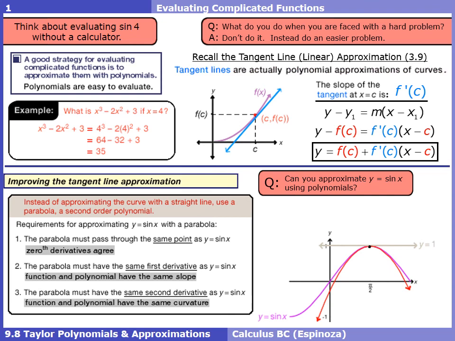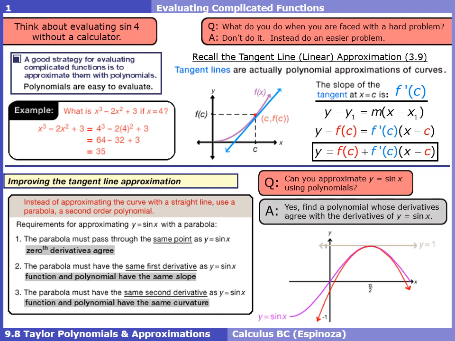We would want the points to match up so that those are in line, and we would want the slopes to match up. But even more so, we would want the concavity to match up, which would be the second derivative. We don't want a concave up parabola, we want a concave down parabola, so we would want the second derivatives to match up as well.